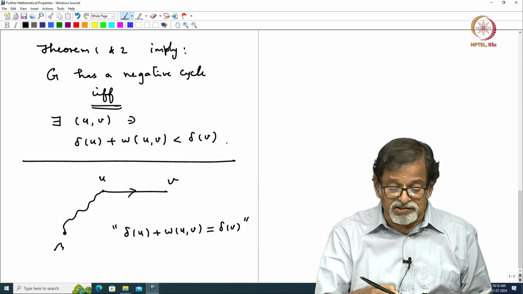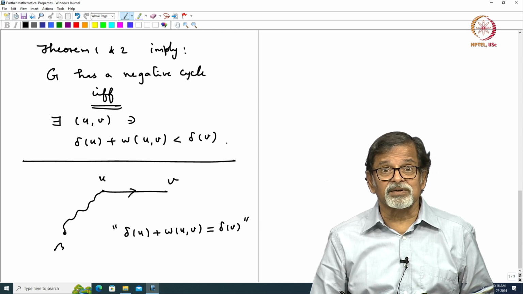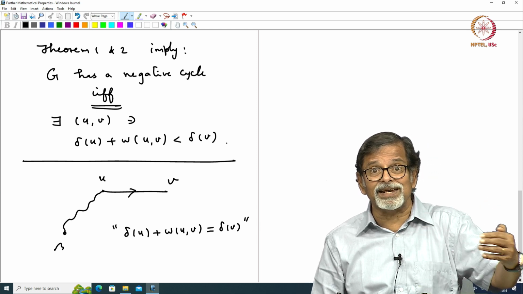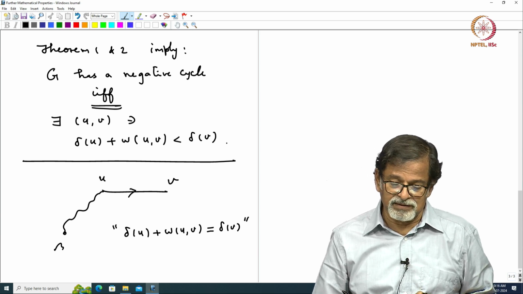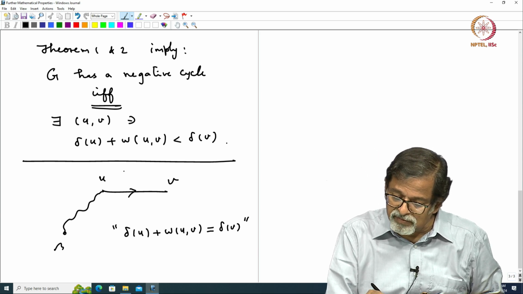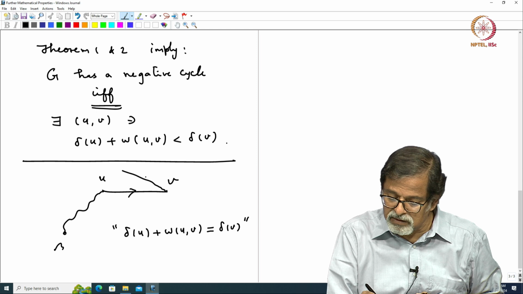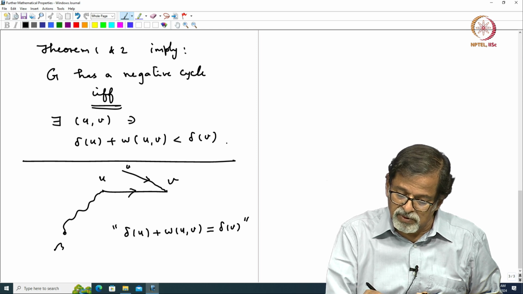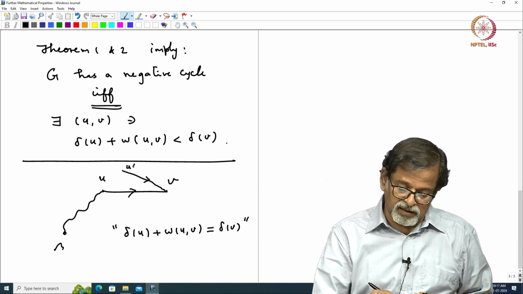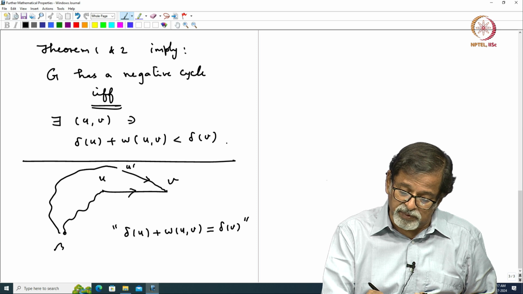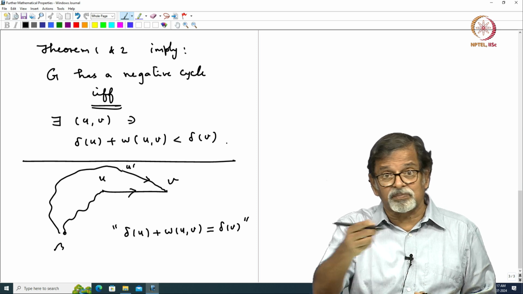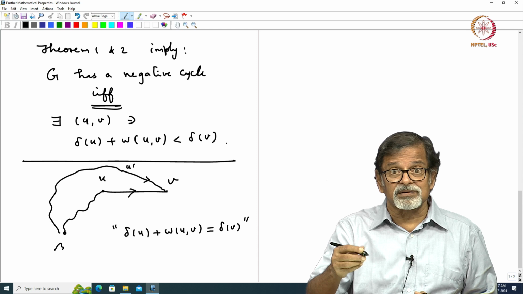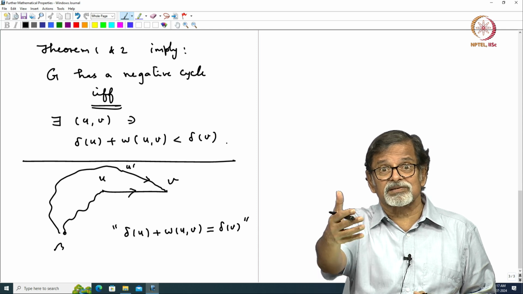And if you reach v from some other vertex, some u dash, even if you have taken a shortest path to u dash, that path is not the shortest, it is longer.